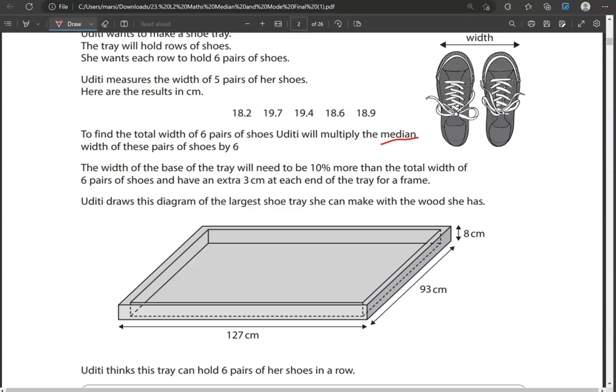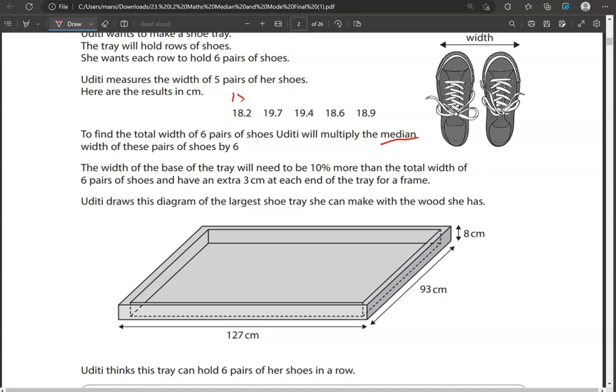It doesn't really matter much, but it's common practice to start with the smallest. So looking at these numbers, we've got some of them starting with 18 and some of them starting with 19. So those with 18 will be smaller. So we've got 18.2, 18.6 and 18.9.